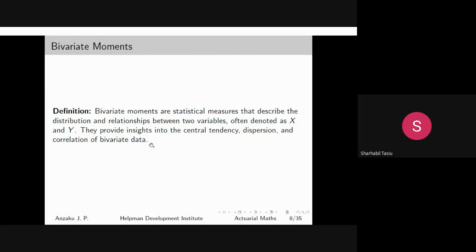Like I was mentioning earlier, the first moment is what we call the mean, the second moment is the variance or standard deviation, the third moment is the skewness, and so on. So we'll be looking at the measure of central tendency of the two random variables, their measure of dispersion, their covariance, and also the correlation between these two random variables.